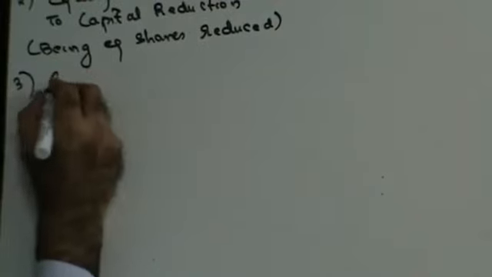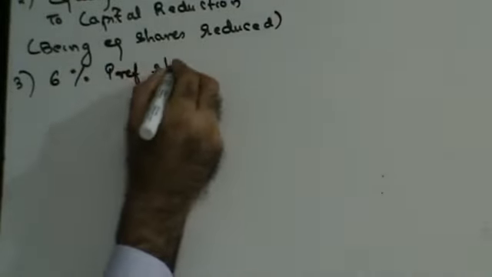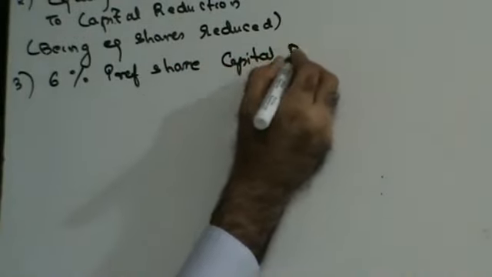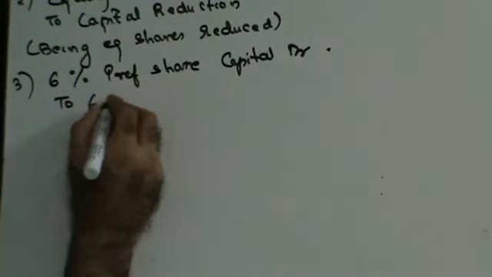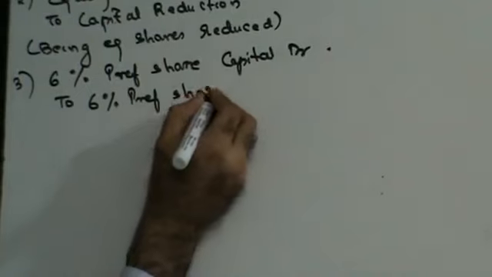And they are to be consolidated as shares of rupees 10 each and 1 each fully paid up. So you take the old preference shares and you give them new preference shares. So debit what comes in? Preference share capital debit, and you are issuing new 6% preference share capital.